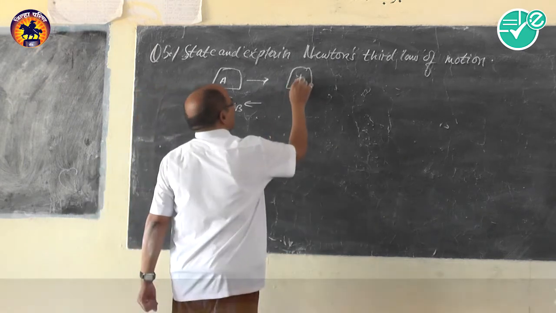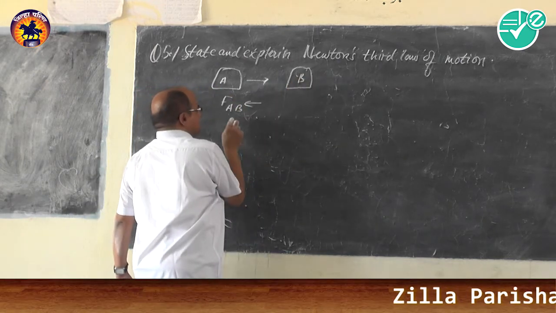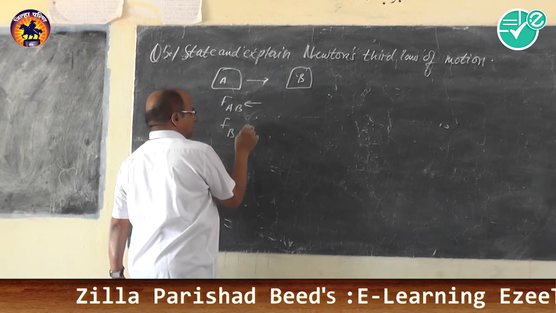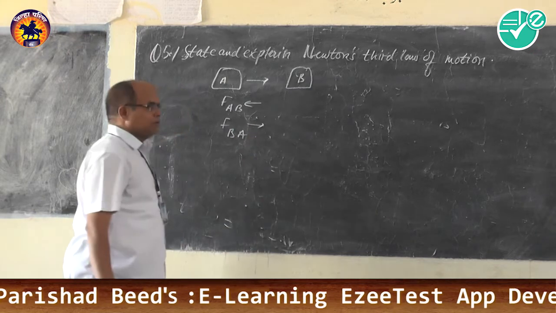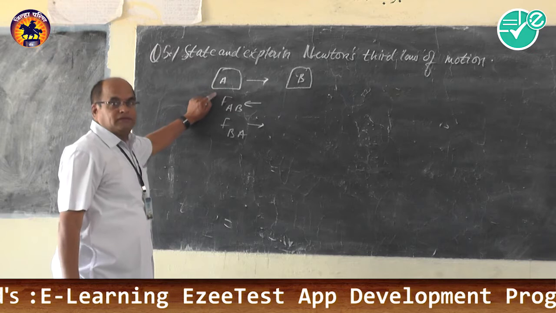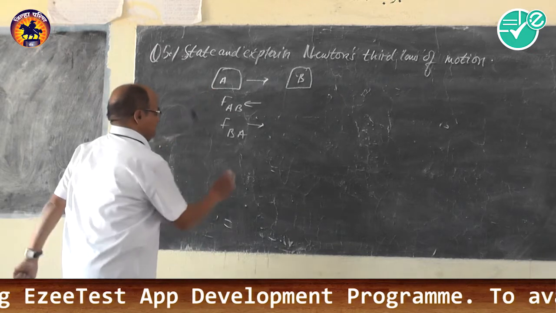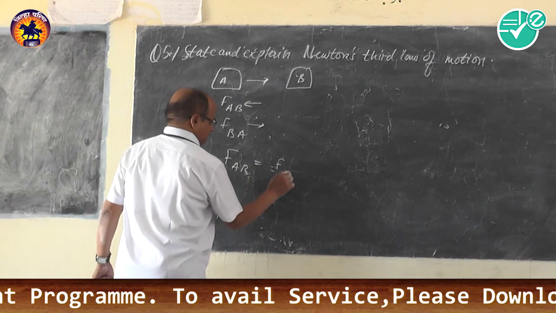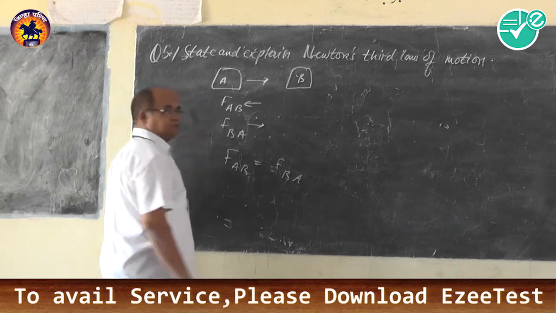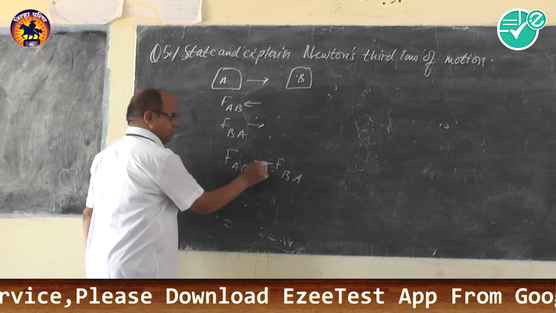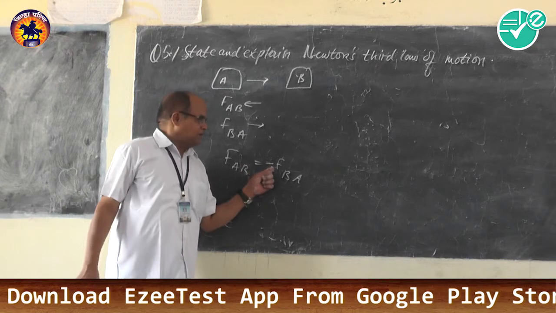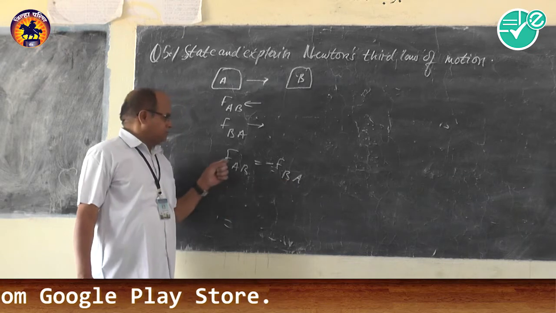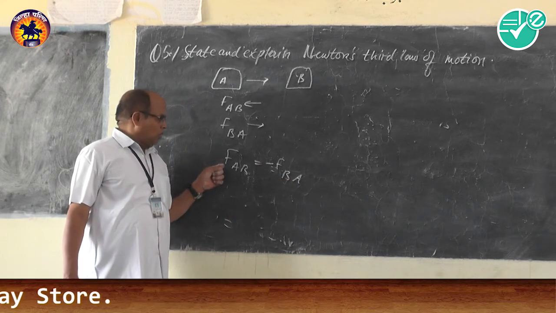Similarly, the force exerted by B on A will be in this direction. These two forces are equal, but the directions of them are opposite. The negative sign indicates that the force exerted on B by A is exactly opposite to the force exerted on A by B.